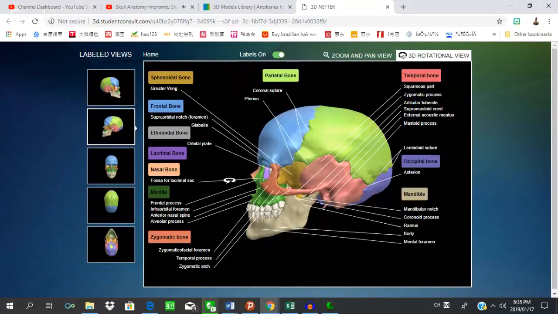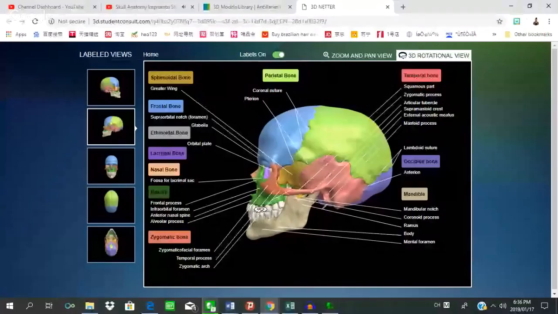The maxilla has different things on it as well. For example, the frontal process over here, the infraorbital foramen where it's pointing, the anterior nasal spine, which is also part of the maxilla, and the alveolar processes.